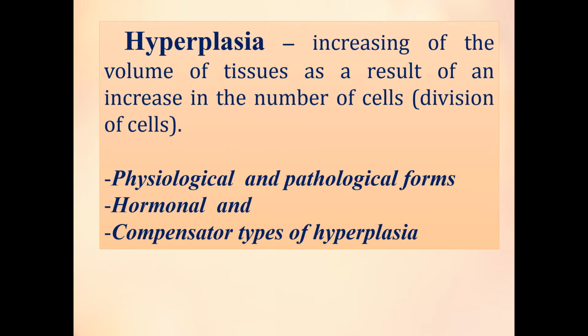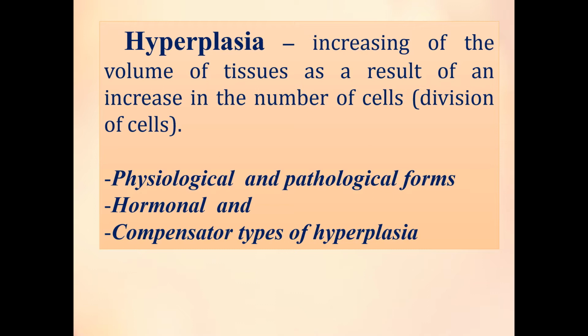Hyperplasia means an increase in the volume of tissue as a result of an increase in the number of cells. Cell division accelerates in this case. In some cases of damage to organs such as the liver and kidney, recovery occurs both due to hypertrophy and hyperplasia. Hyperplasia also can be physiological and pathological.